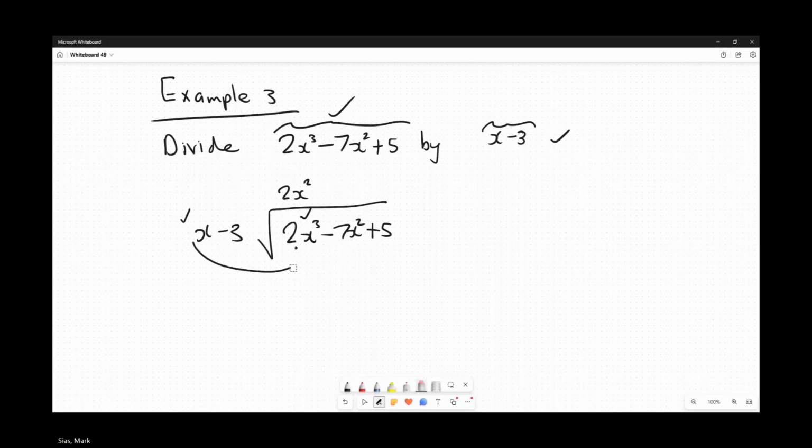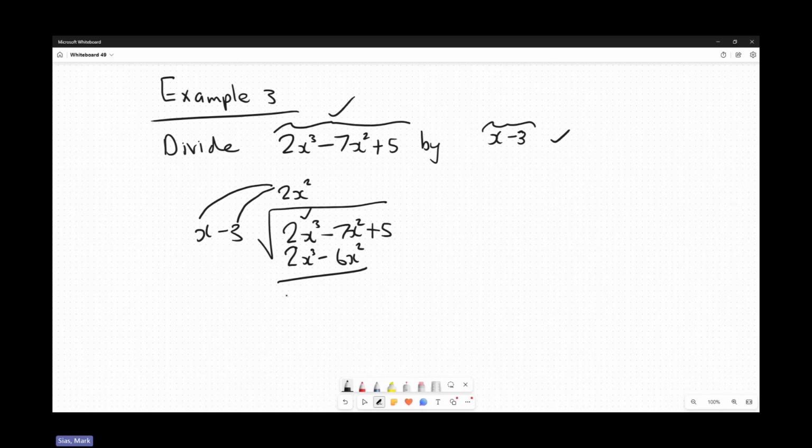Then I multiply each term in the divisor by the 2x squared. So I multiply: it's 2x cubed minus 6x squared.